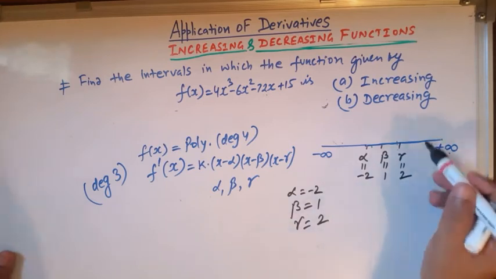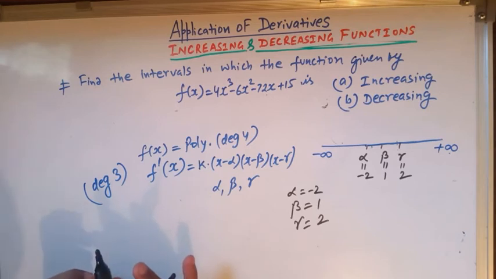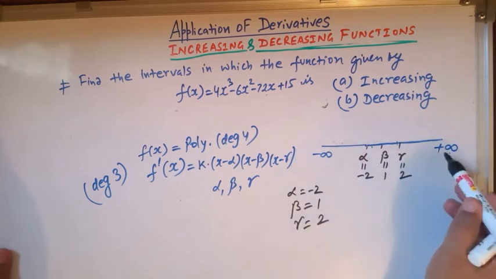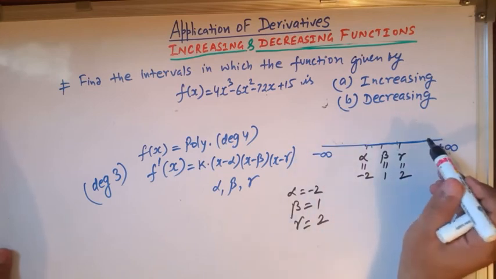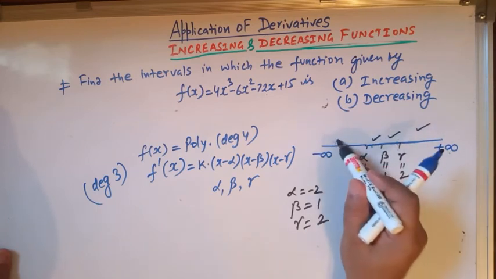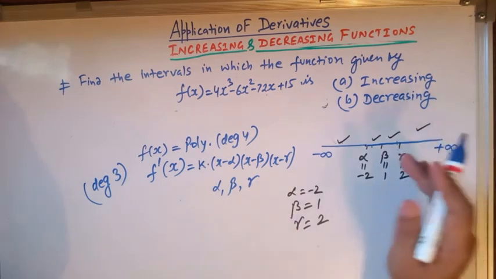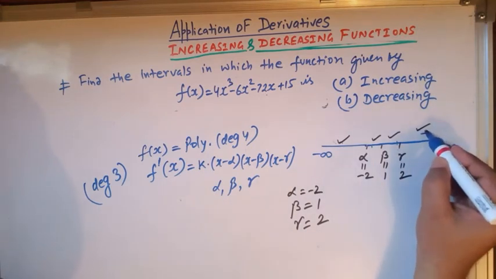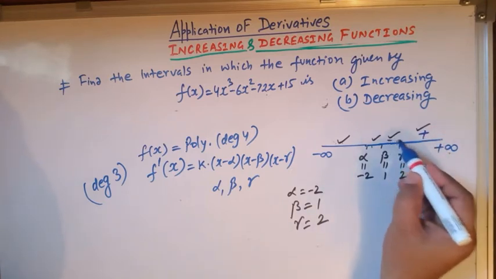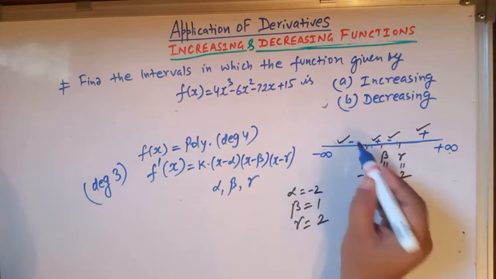Clear? Then we will divide this real number line into 4 parts. So this is the first one, this is second, this is third and this is fourth. And then we'll start from the right by writing plus sign. Clear? Then we have here plus, then we have minus alternatively, then we have plus, and then we have minus.